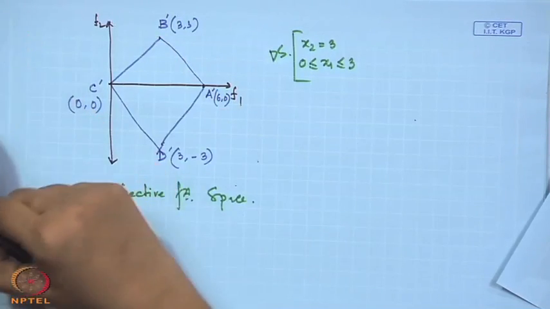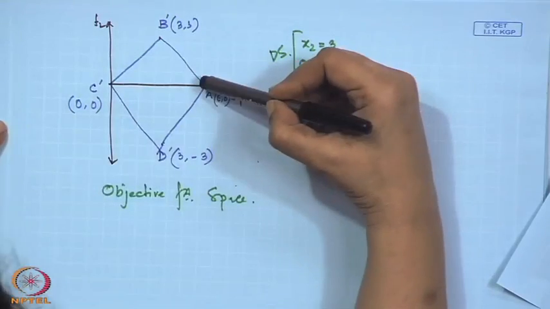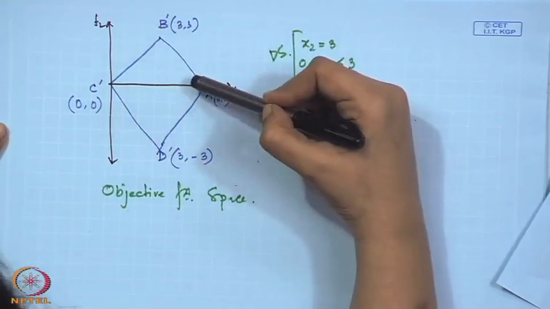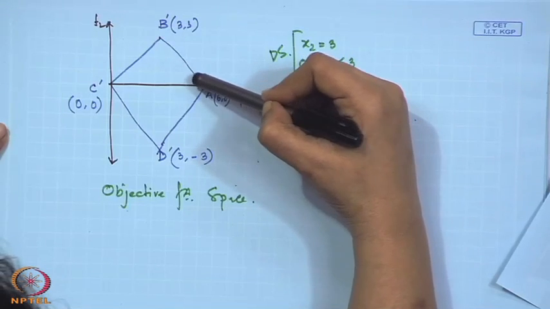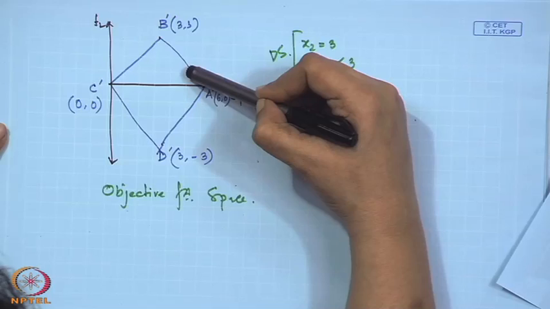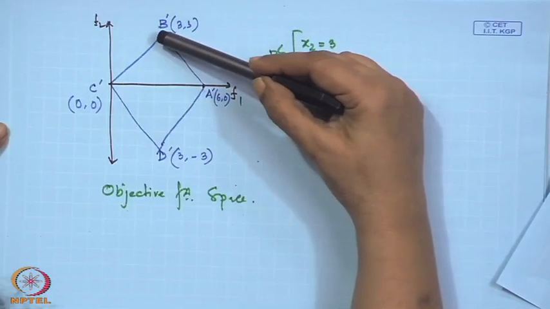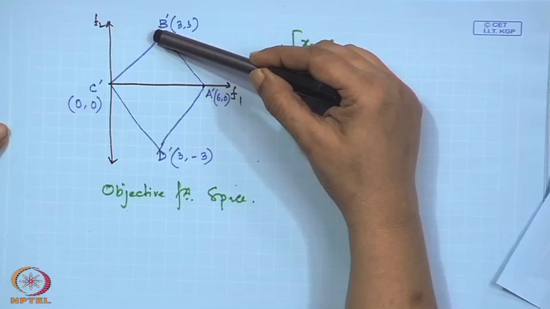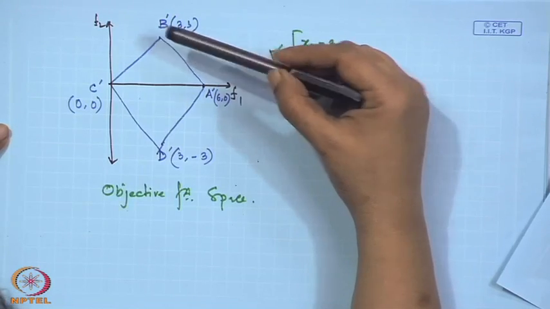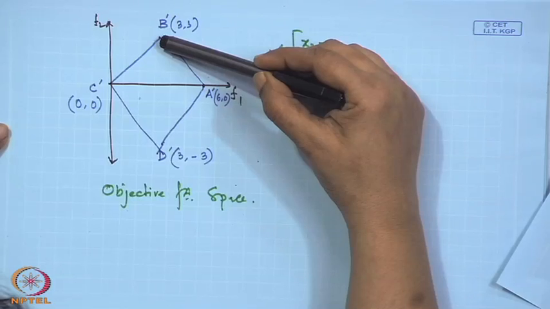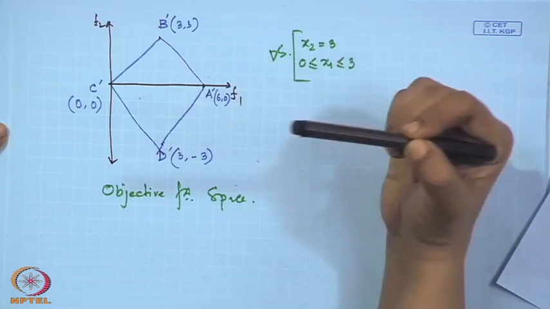Both objective functions are being maximized. If I move from point A prime to B prime, F1 is maximum at A prime. Once I go along this line, the F1 value decreases, but at the same time the F2 value increases. Similarly, from B prime, where F2 is maximum, as I come here, F2 decreases while F1 increases.